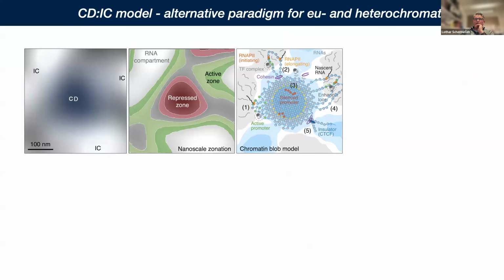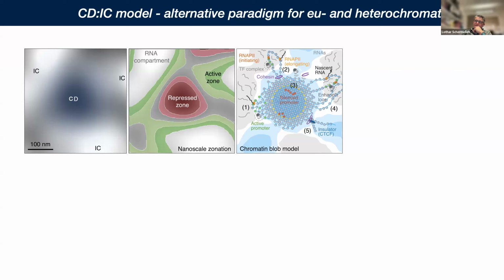So from these data, we derived this CDIC model, which predicts assemblies of nucleosomes into physical mesoscale assemblies, where silenced promoters would sit in the inside and are hidden away so that transcription factor complexes cannot assemble, whereas all transcription activity and enhancer promoter interactions really happen at the surfaces of these domains.